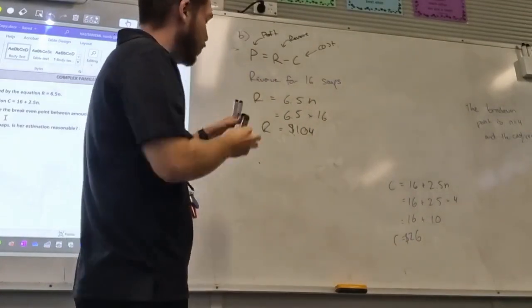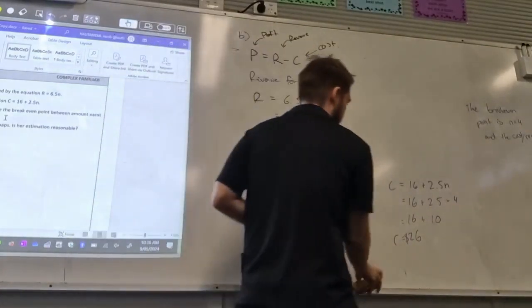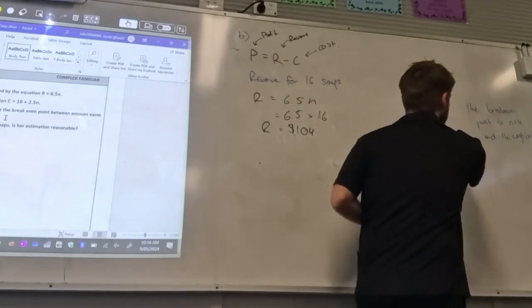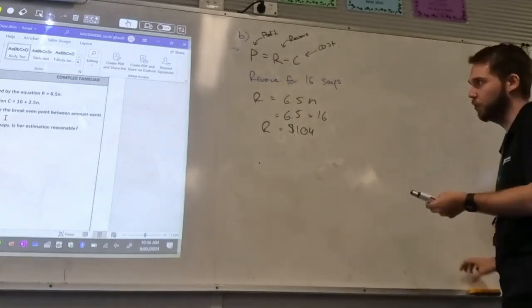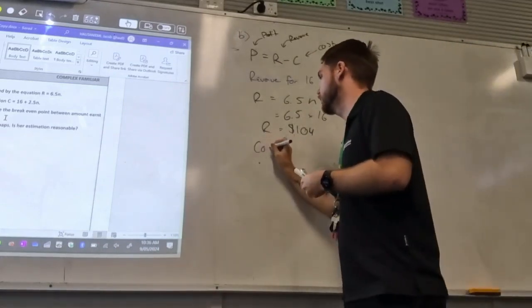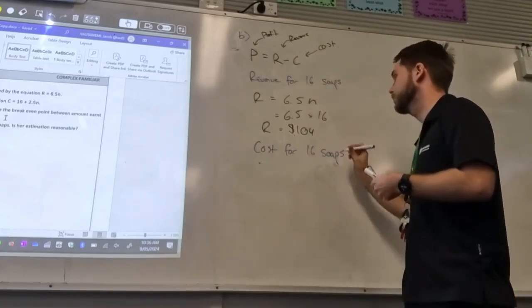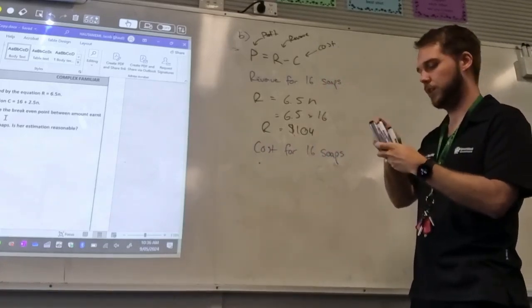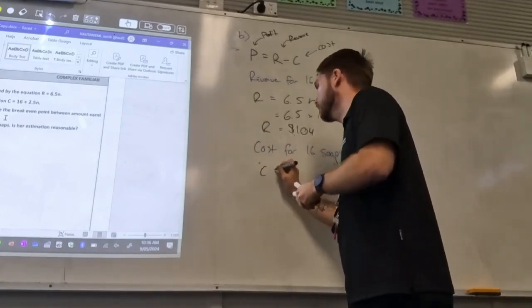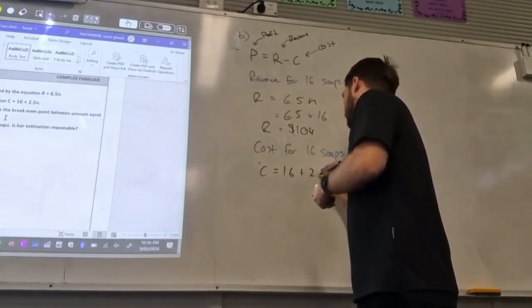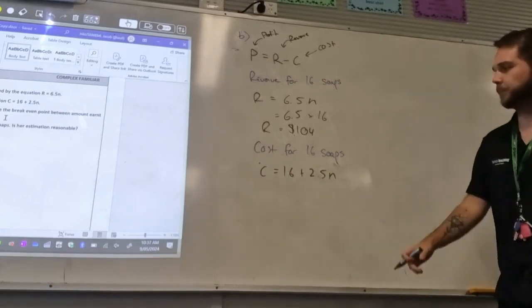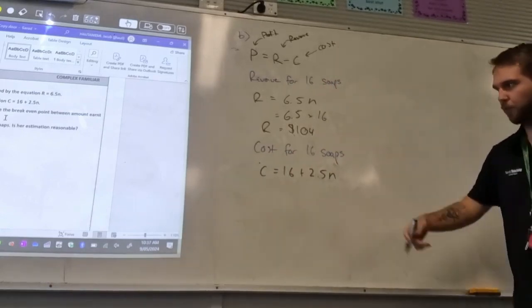So that's our revenue. But we also need to figure out the cost. So we're going to use the cost equation. The cost for 16 soaps is 16 plus 2.5n. n is equal to 16, so let's put that in.